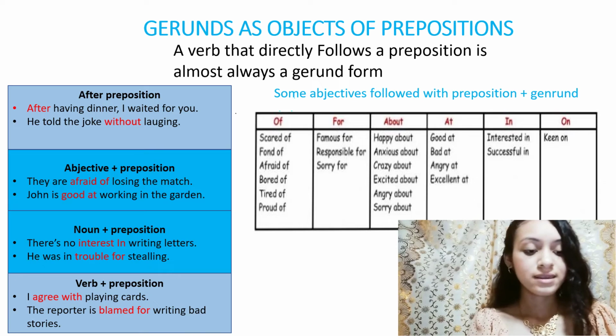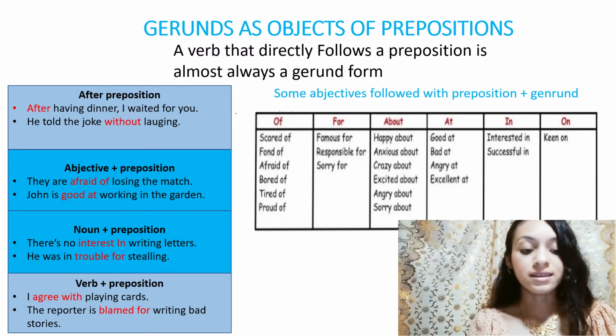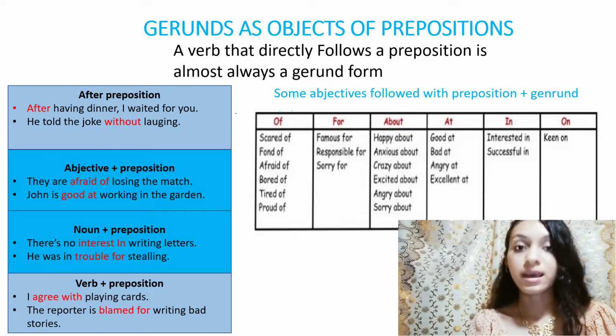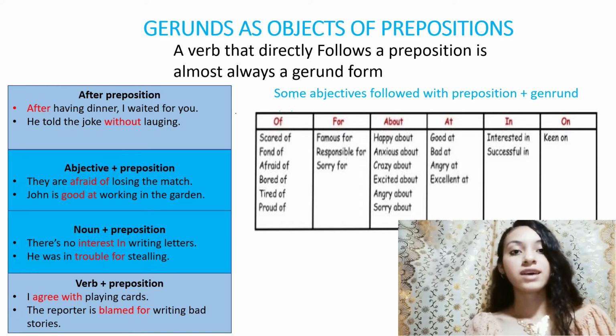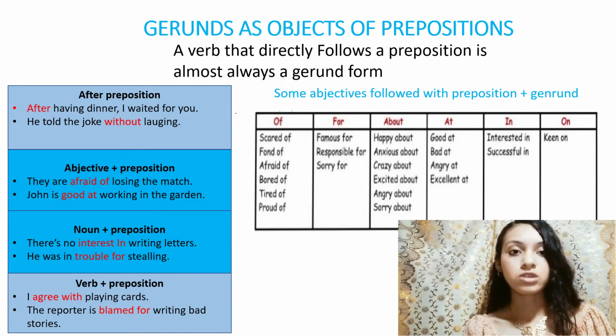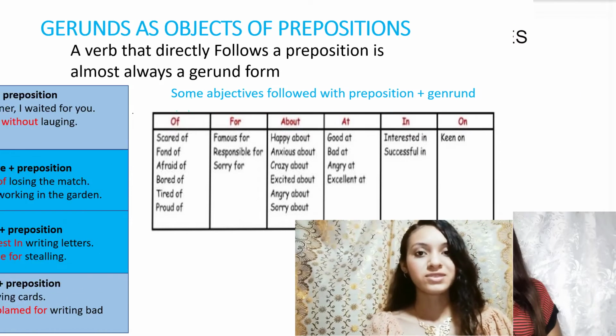With at: good at, bad at, angry at, excellent at. And with in: interested in, and successful in. And finally with on: keen on. You just need to learn the adjective and the preposition that comes with a gerund.